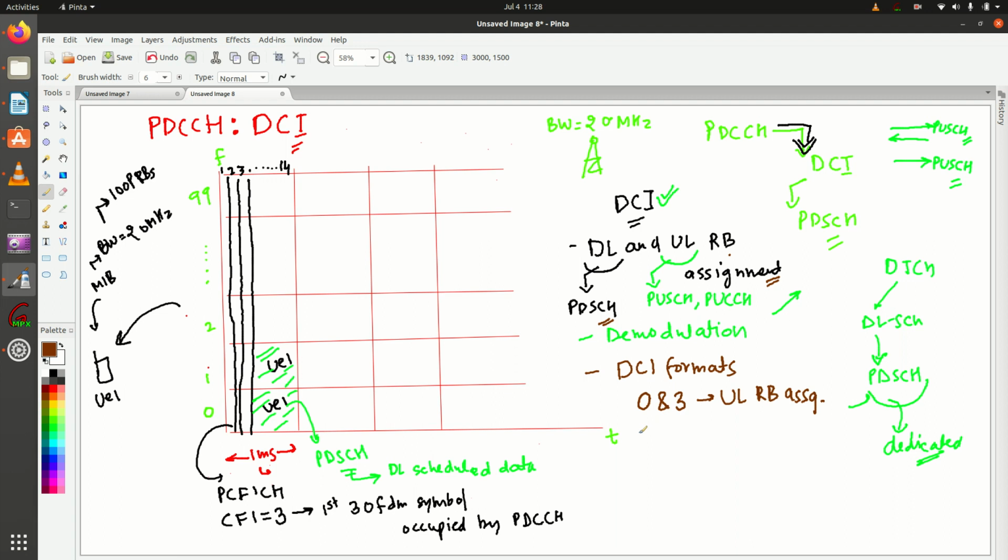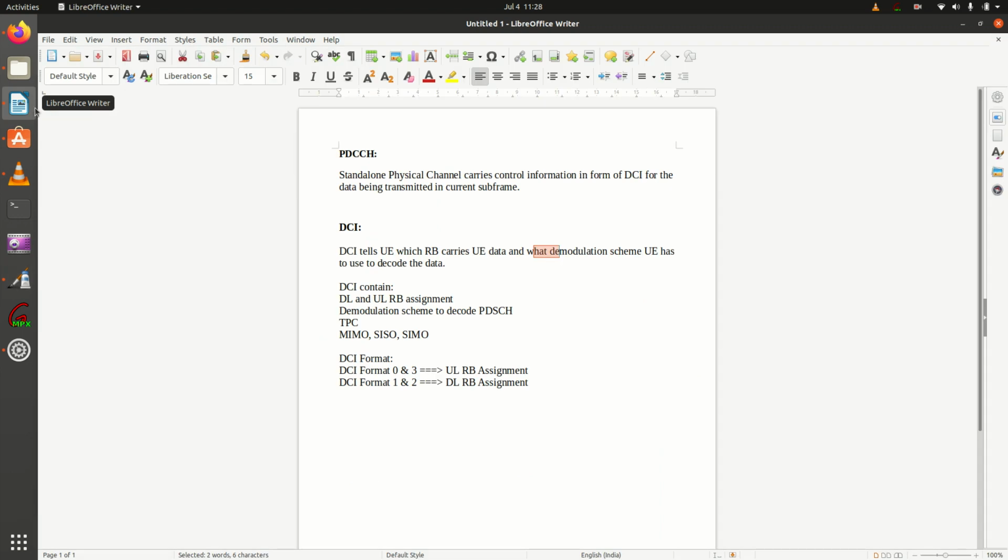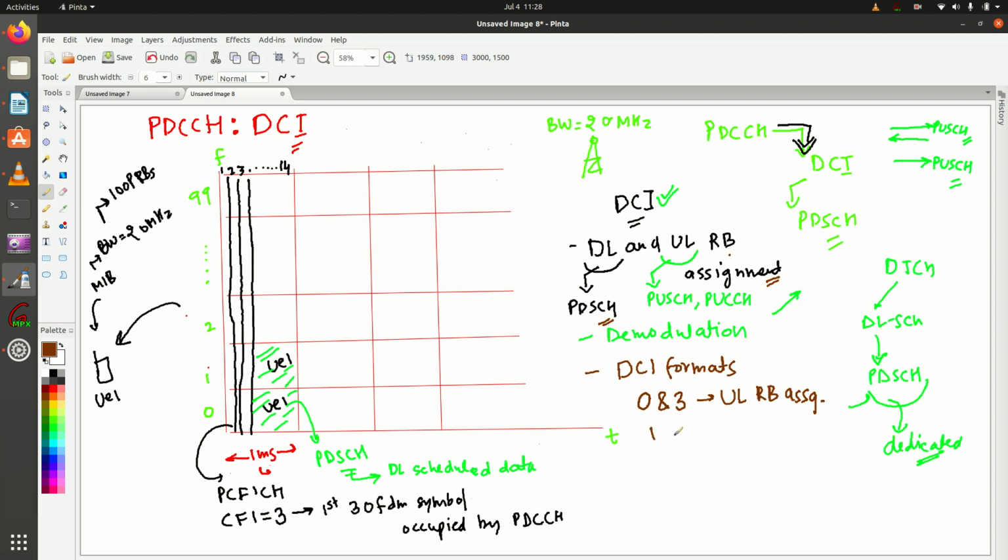DCI formats 1 and 2 are for downlink resource block assignment. Downlink means assignment of PDSCH, that is where the PDSCH information like paging, system information, real traffic is present for that particular UE. So let's see the table of DCI formats.